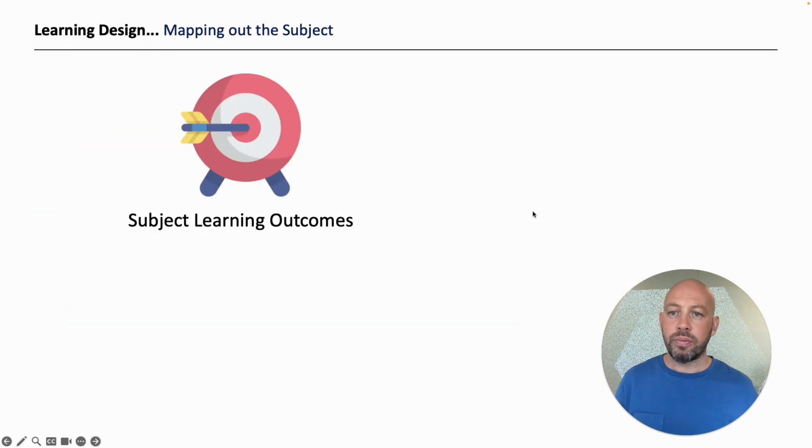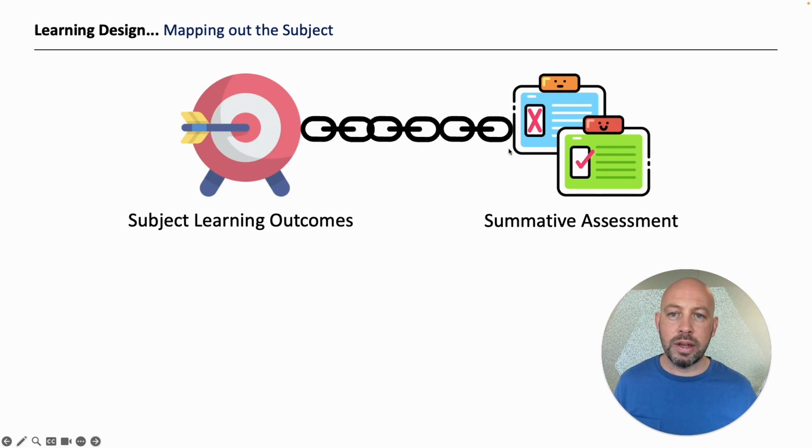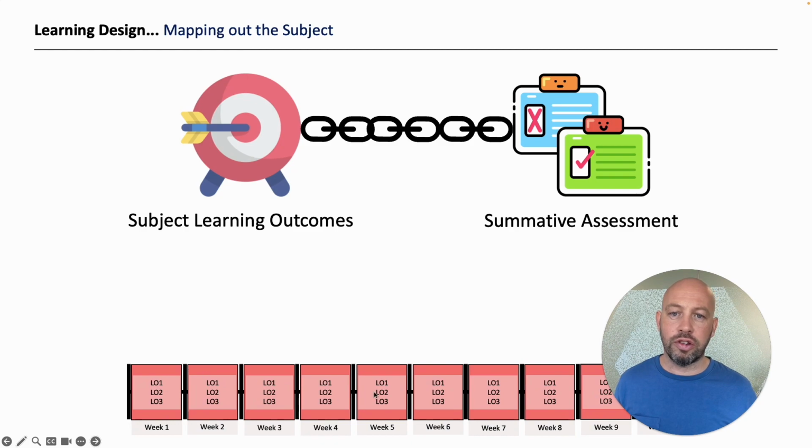So if we were to map out a module or a subject, we would have some high-level learning outcomes, maybe 3 to 4. And then we would have some very clearly defined summative assessments that were explicitly linked to those module or subject or course level learning outcomes. Once that's been done, you can then start thinking about your sessions within your subject, your module, your course, however you want to call it.